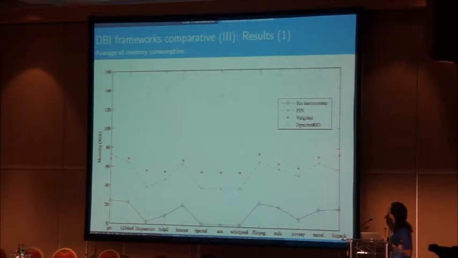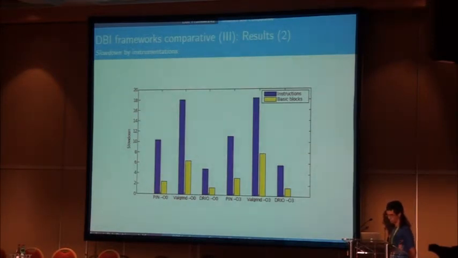Here we have the memory consumption in megabits, and here we have all the binaries that are in our benchmark, some of them. Here we have the memory consumption of DynamoRIO, and here we have the memory consumption of Valgrind for each one of the binaries. Also here we have Pin, and of course here we have the execution without instrumentation. As expected, it is the smallest size of memory.